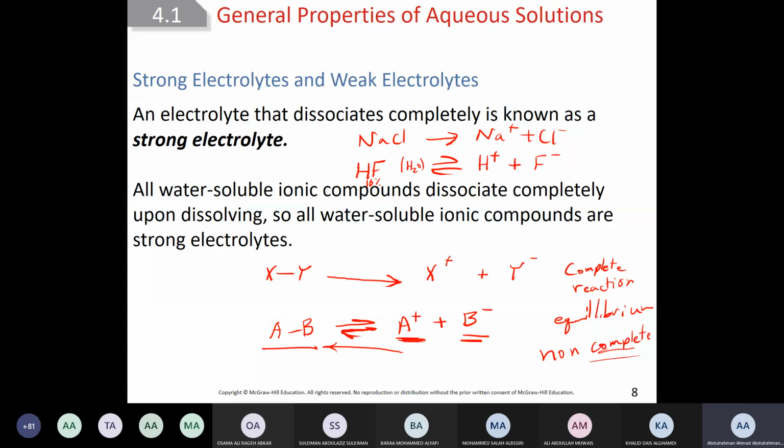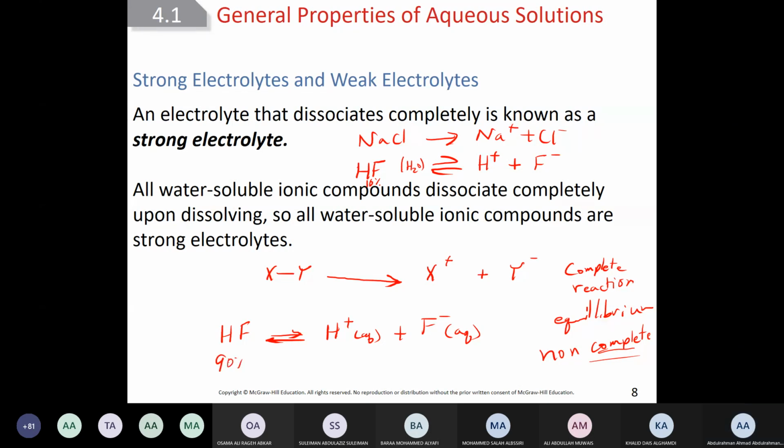Let me write this here: HF goes to H+ aqueous plus F- aqueous. 90% will stay like this, and 10% will be ionized.